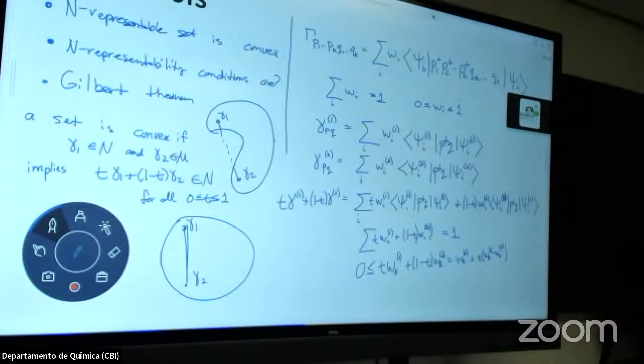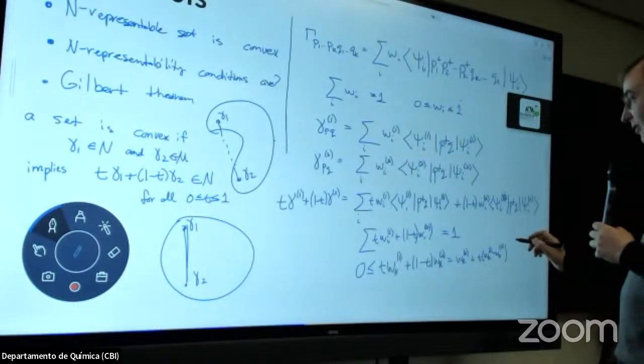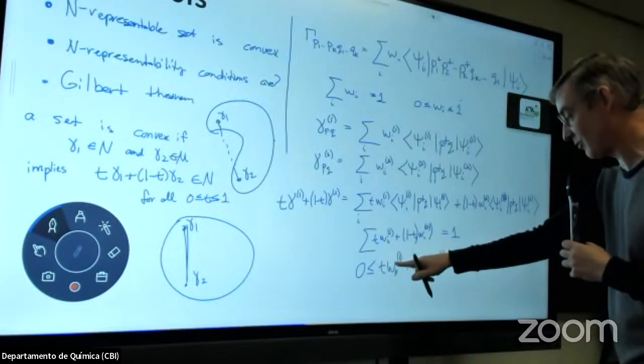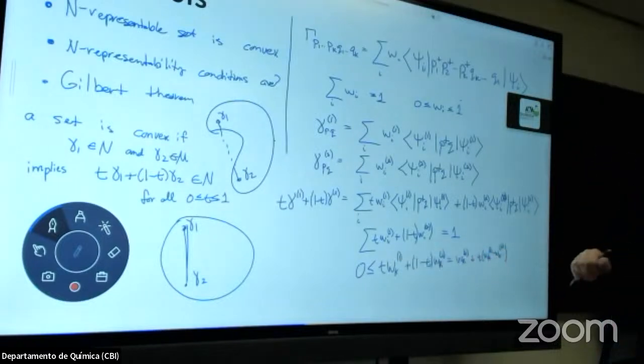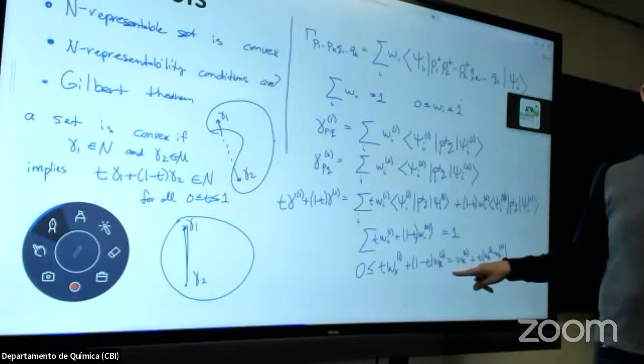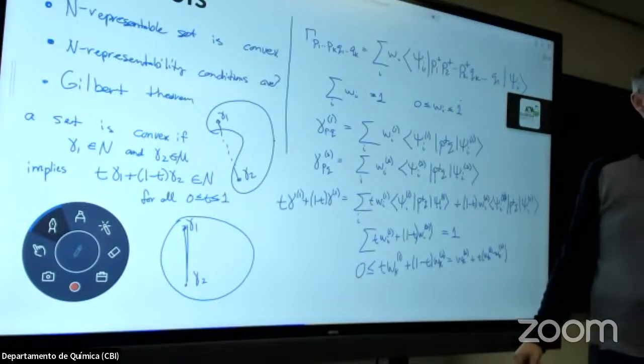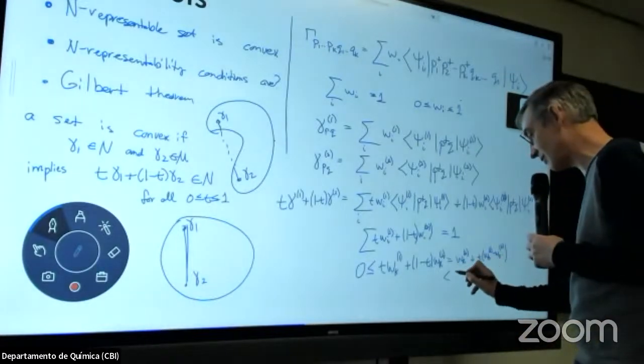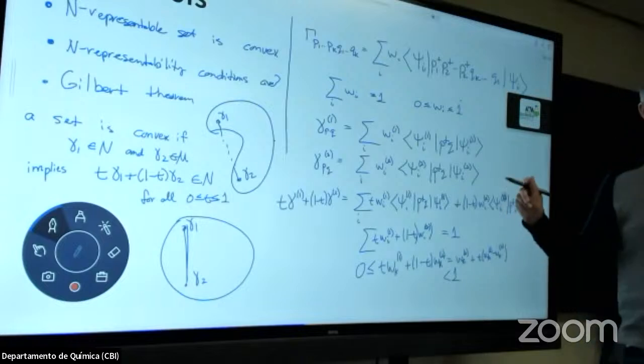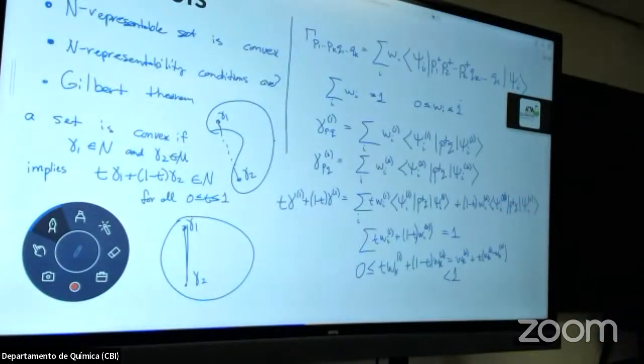So you go through this and you go, okay, this is actually also, even in the case where this thing shows up twice, because you're taking a weighted average of 2 things that are less than 1, and a weighted average of 2 things that are less than 1 is also less than 1, right? So this is less than 1. So that proves it's convex, right?